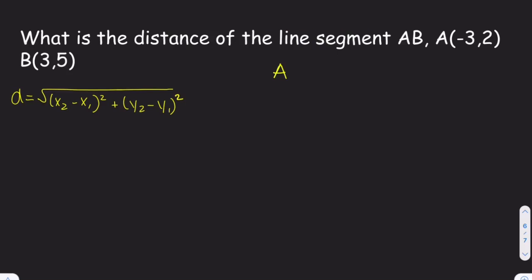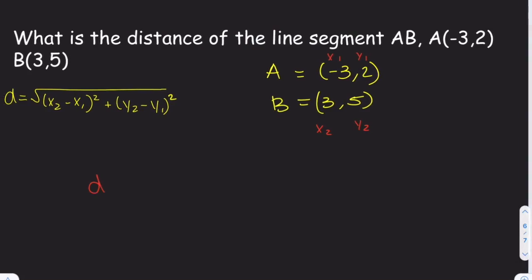So we were given A, which is (-3, 2), and B, which is (3, 5). We're going to plug it in. I'm just going to label quickly.